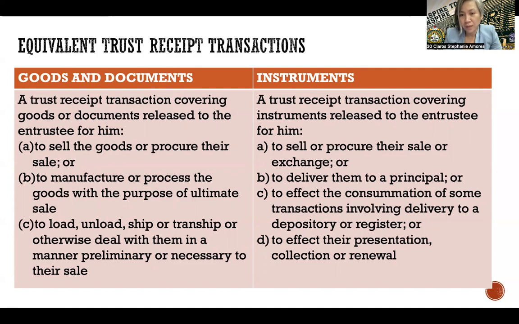So if instruments gani, we're talking about instruments covered by the negotiable instruments law, na siya'y purpose that it will be to deliver that instrument to a principal to effect the consummation of some transaction involving delivery to a depository or register, or to effect the presentation, collection, or renewal of that instrument.